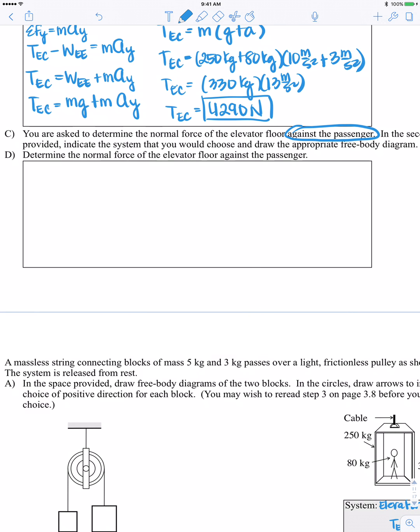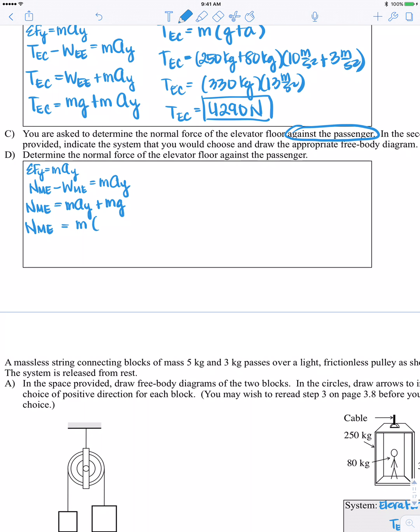Okay, so determine the normal force of the elevator floor against the passenger. So net force in the Y equals MAY. So the normal force on the man by the elevator minus the weight force on the man by the earth is going to be equal to the mass times the acceleration, or the normal force is equal to the mass times acceleration plus the weight force, which for him is going to be mg.